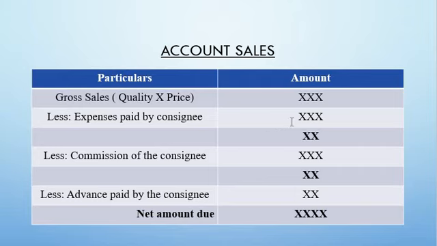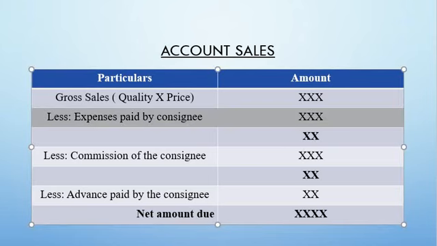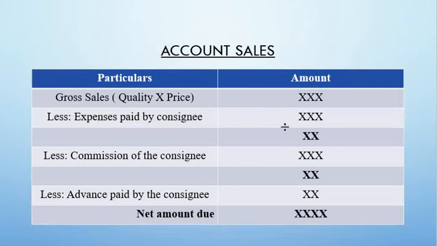All the expenses on unloading the goods are borne by the consignor and not the consignee, so these expenses are also deducted. Then the commission that the consignee has to get is also deducted, and the total is obtained.